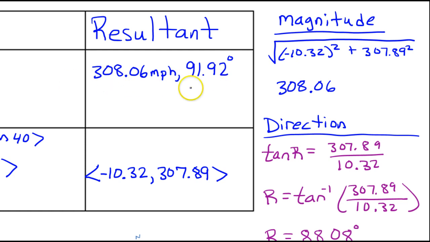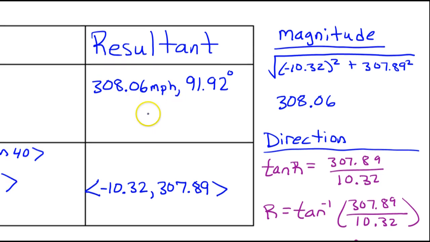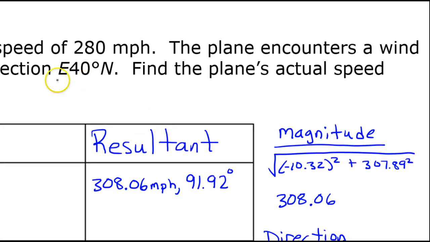Now, sometimes this is the final answer. In this case, we have to do one more step because there are many ways of recording direction, and look at how they're giving us direction. They were not giving us directions just as an angle measured from the positive x-axis. They're using this form, east 40 degrees north, that type of thing.